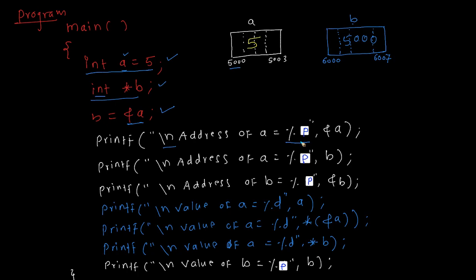This format specifier will be replaced by the address of A. What is the address of A? 5000. So this will print 5000. Again, these are just notational addresses, not actual memory addresses. Actual memory addresses are hexadecimal. For simplicity, we are using integer memory addresses.